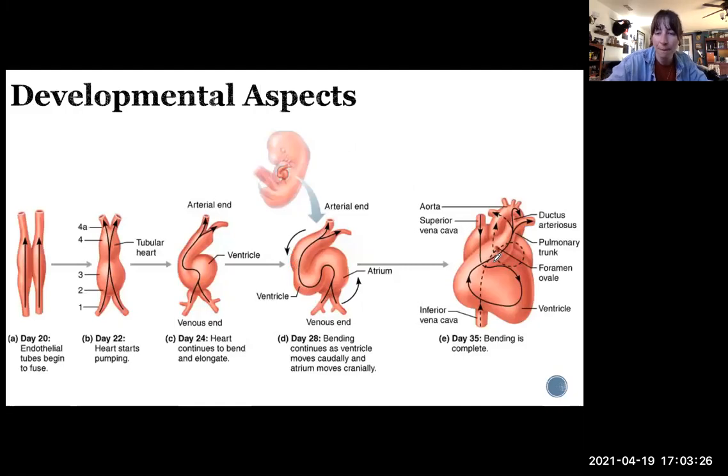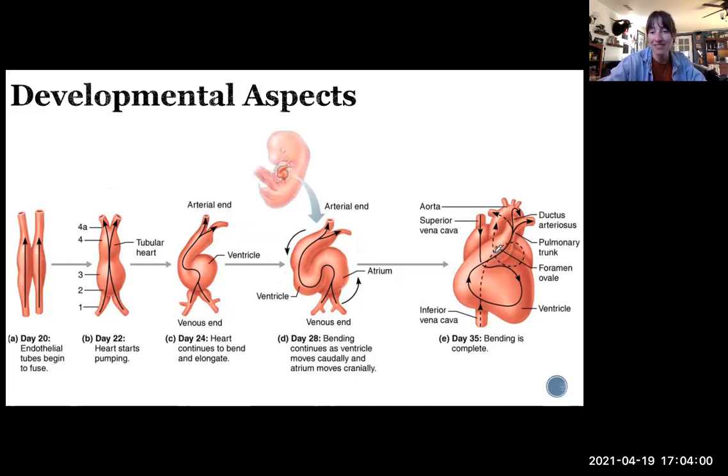Okay, and finally, actually almost finally, developmental aspects. Your heart originates from endothelium, which is part of the inner tube of the blastosphere, the early embryo. Your heart starts pumping at day 22, so that's like 3 weeks, right? And then it sort of develops in this convoluted shape.